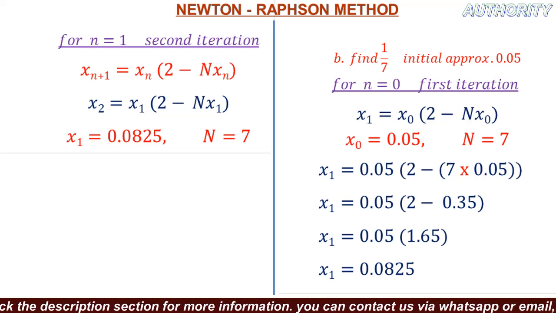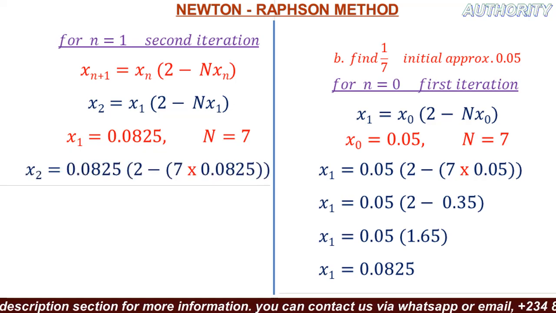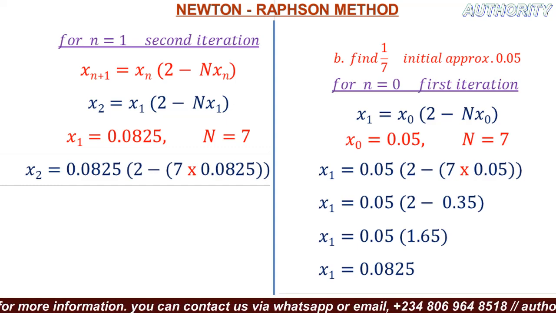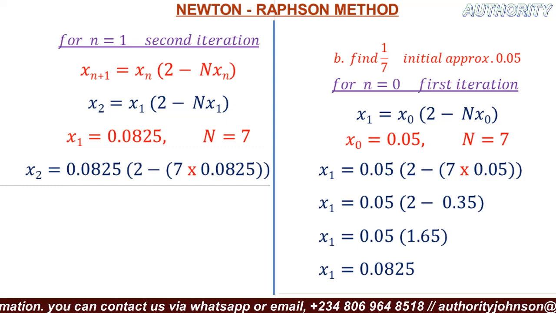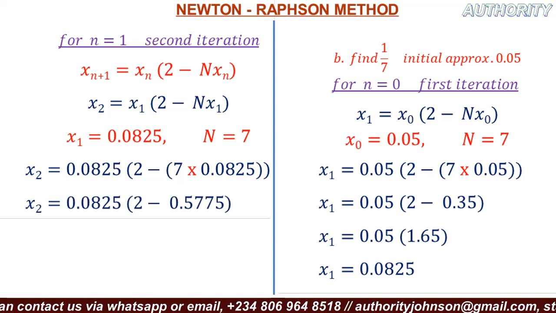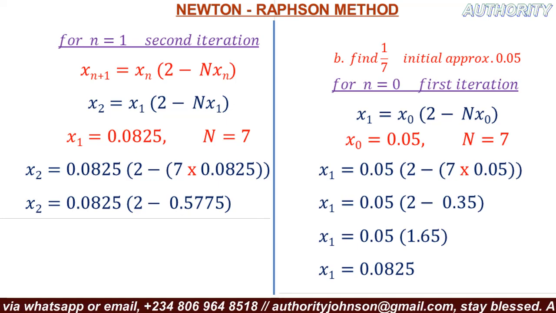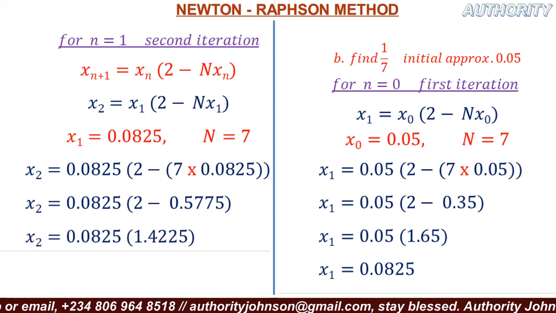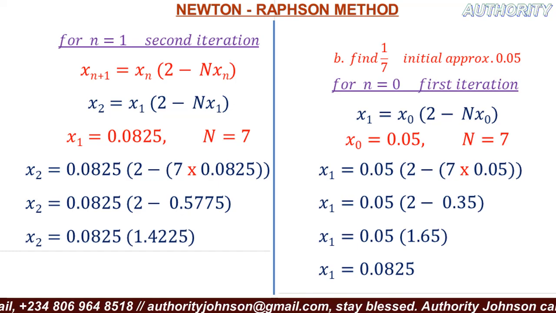Substituting, we have x2 is equal to 0.0825 in bracket 2 minus 7 times 0.0825. 7 times 0.0825 gives you 0.5775. Then 2 minus 0.5775 gives 1.4225.